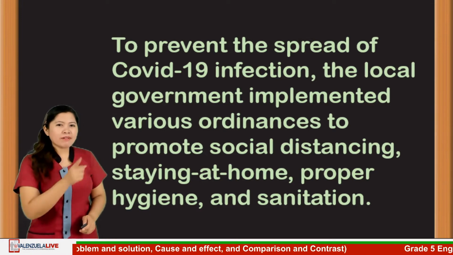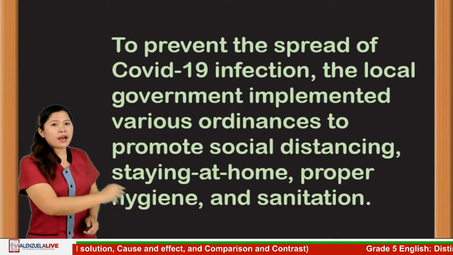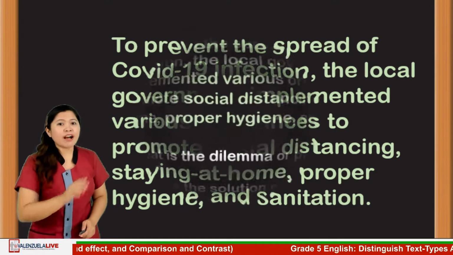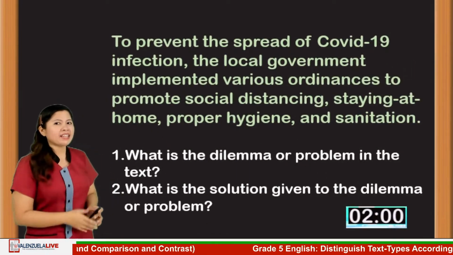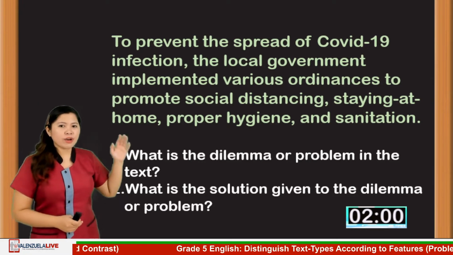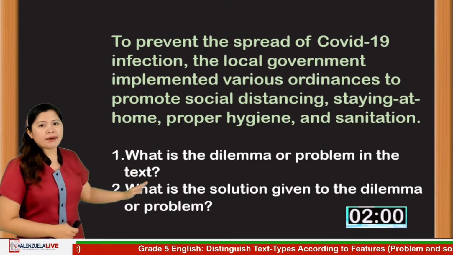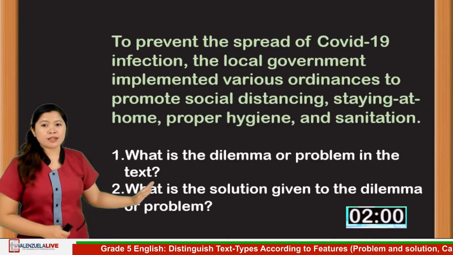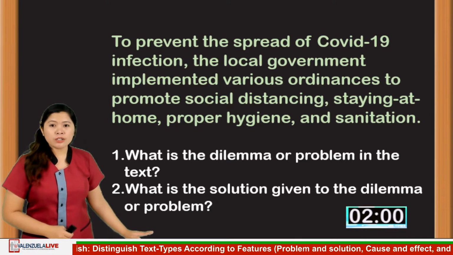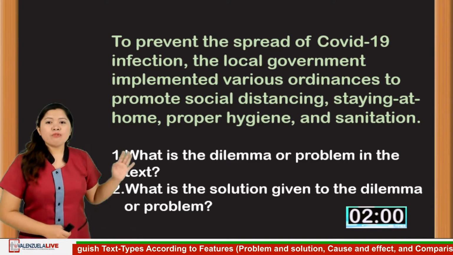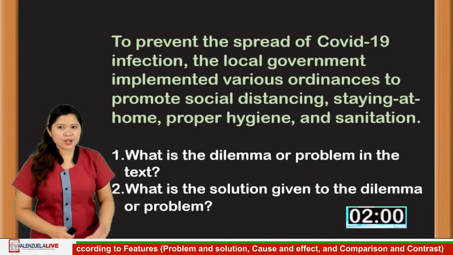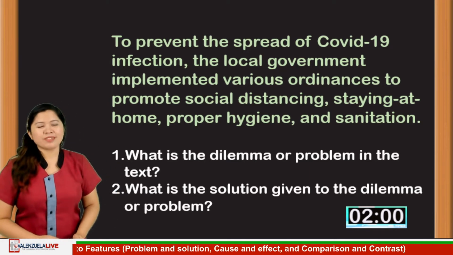Alright, the paragraph shows a problem and solution. Let us answer the following questions to properly analyze the text that we have here. So, our question number 1 is, what is the dilemma or problem in the text? Number 2, what is the solution given to the dilemma or the problem? I will give you 2 minutes to answer, and please do share your answer in our comment section. Timer begins now.